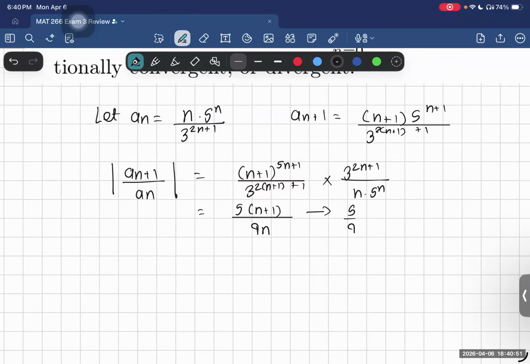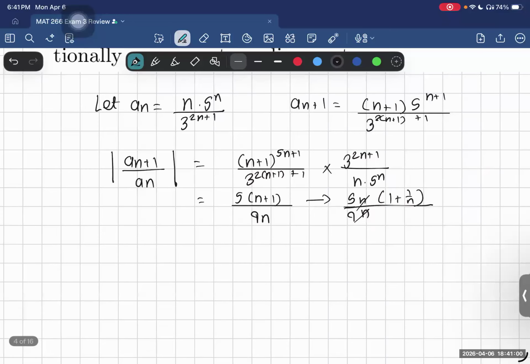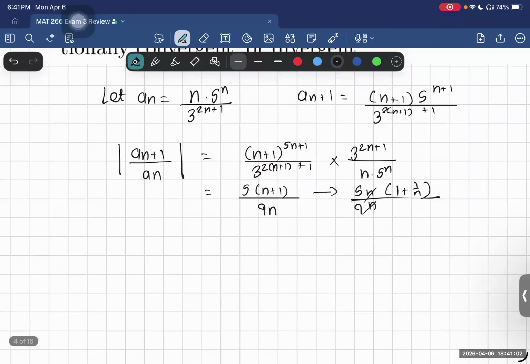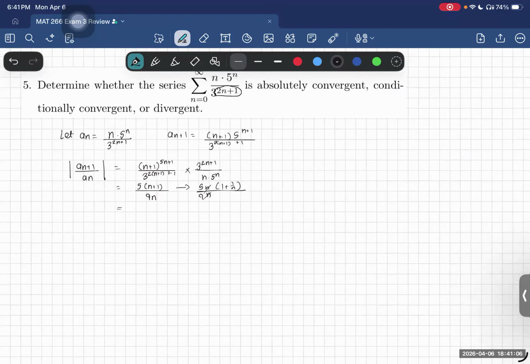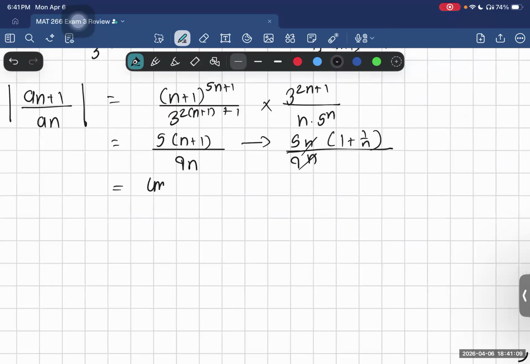Basically, it should look like 5n times (1 plus 1 over n). So n and n get cancelled. And if you apply the limit as n tends to infinity, 1 over infinity is 0, which is written as limit n tends to infinity 5 times (1 plus 1 over infinity) over 9. So this term goes to 0. So we have 5 by 9, which is less than 1.